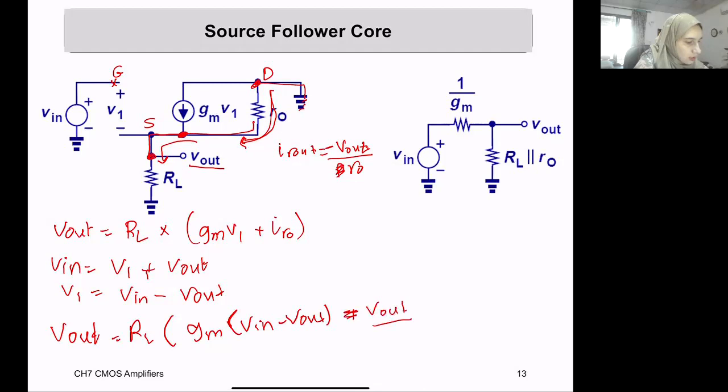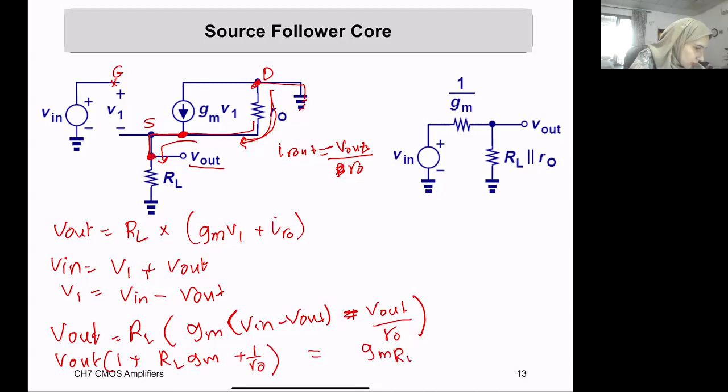I'm just replacing the relations in each location. Okay, so now we want to put all the Vout terms on one side. So Vout times (1 plus RL times Gm, plus 1 over Rout) equals Gm RL times Vn.